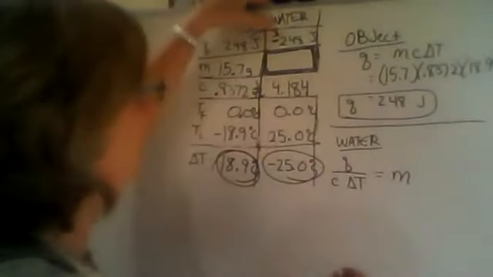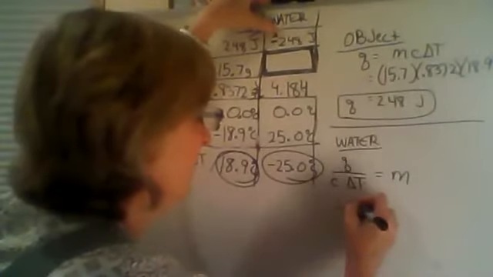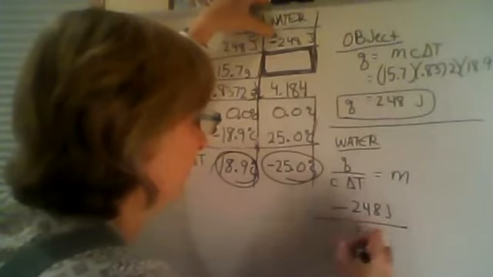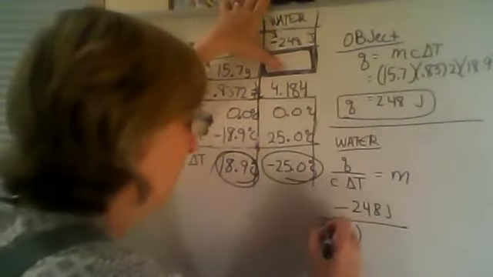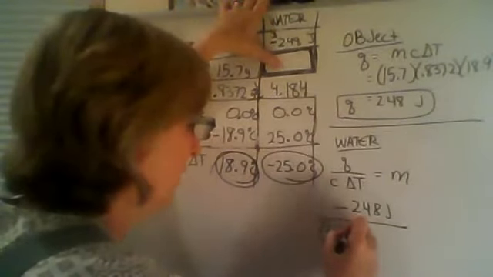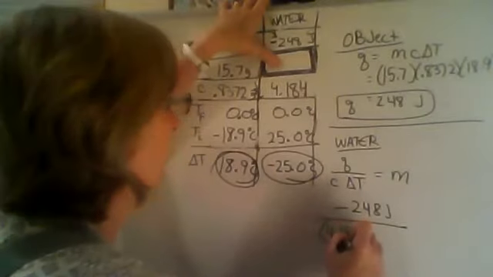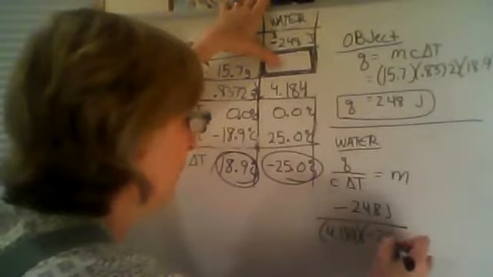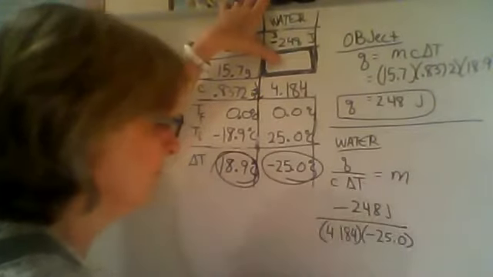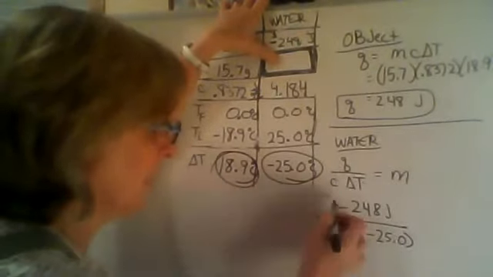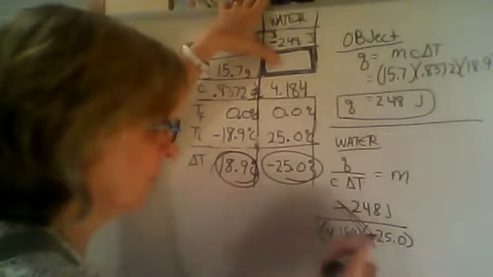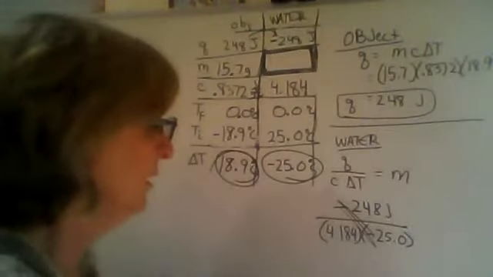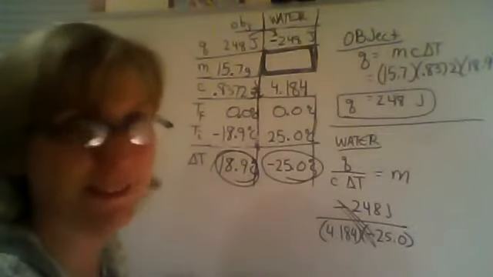So I now have, this is water, negative 248 joules divided by 4.184 times negative 25.0. The negative signs are going to cancel each other out. So now I have a positive mass. Can't have a negative mass, right? It's below existence.